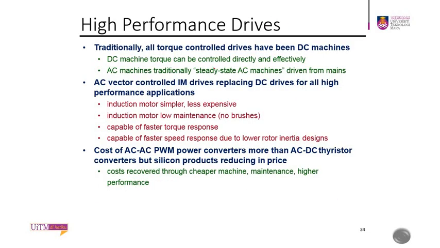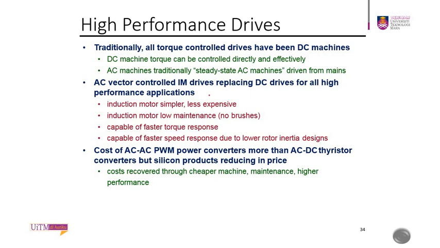Traditionally, all torque control drives have used a DC machine, because DC machine torque can be controlled directly and effectively. And traditionally, AC machines are steady state machines. Now, with servo drives, AC vector control induction motor drives will be replacing DC drives for all high performance applications.